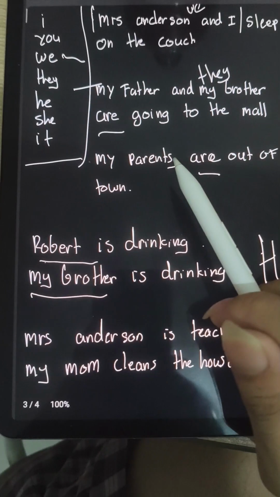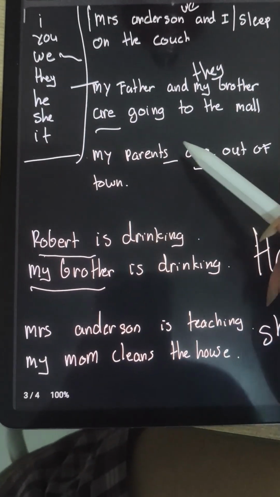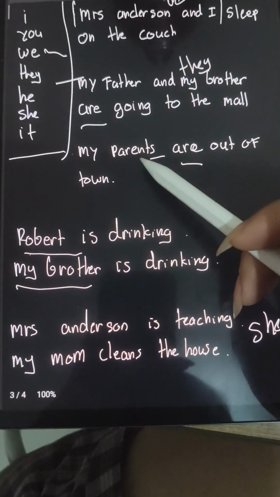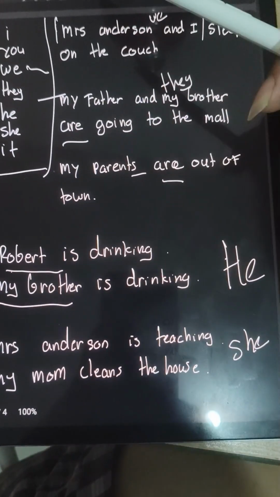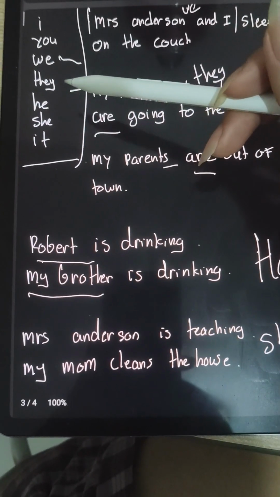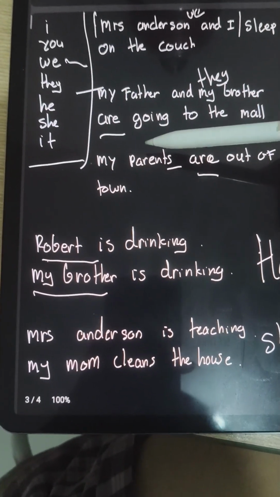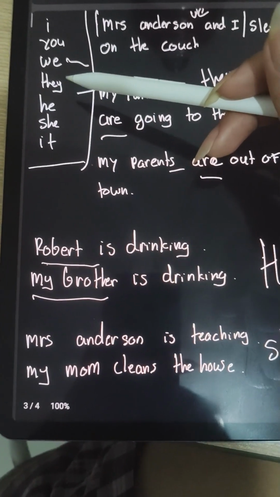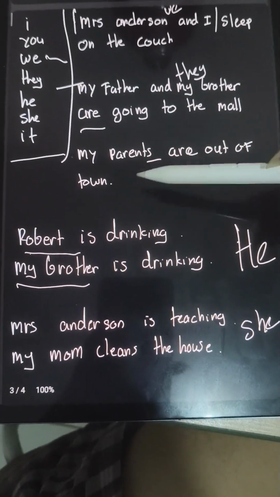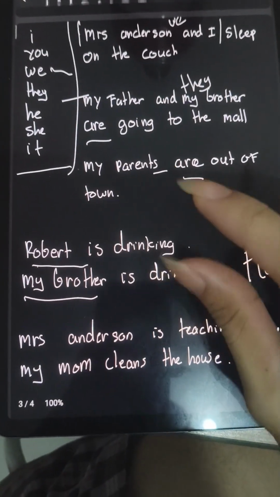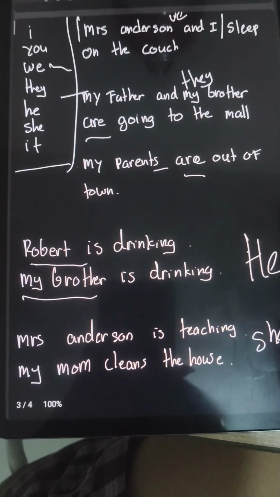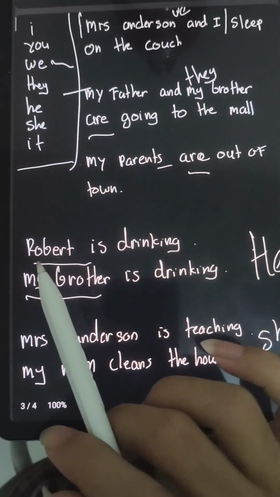My parents are out of town. So if it's more than one person, immediately throw it to we or they. In this case, you are not in the subject, so we throw it to they. They are out of town. So that's how you do subject. It's very confusing, so don't get it wrong.